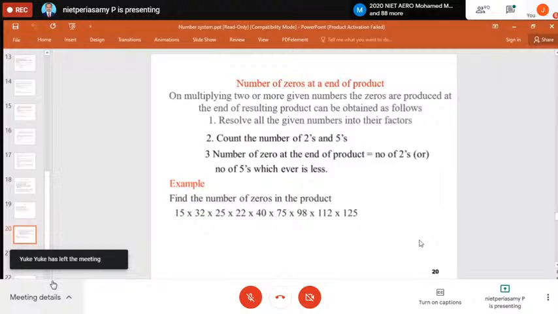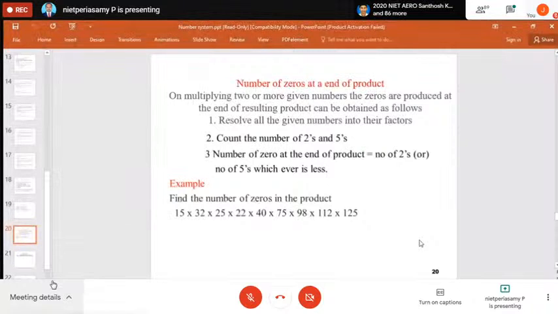Again 56 can be written as 2 into 28. Again 28 can be written as 2 into 14. Again 14 can be written as 2 into 7. So this is equal to 2 power 4 into 7. 112 can be written as 2 power 4 into 7.